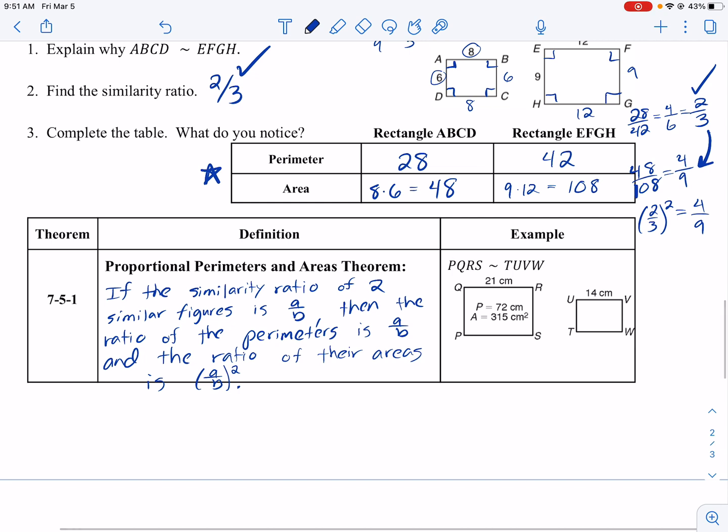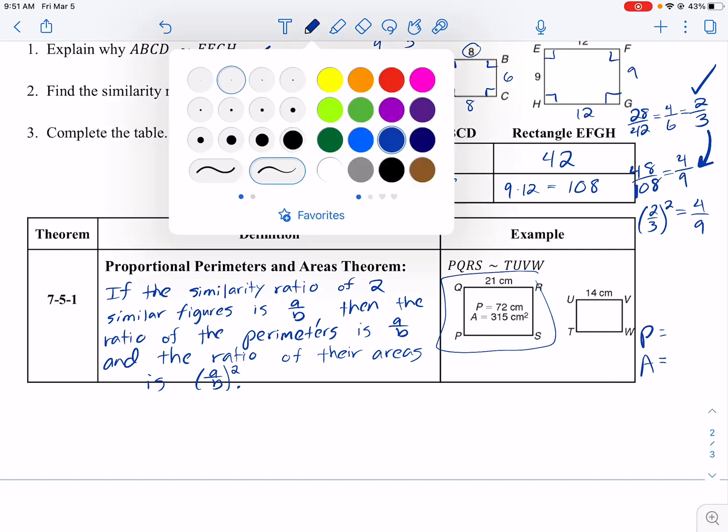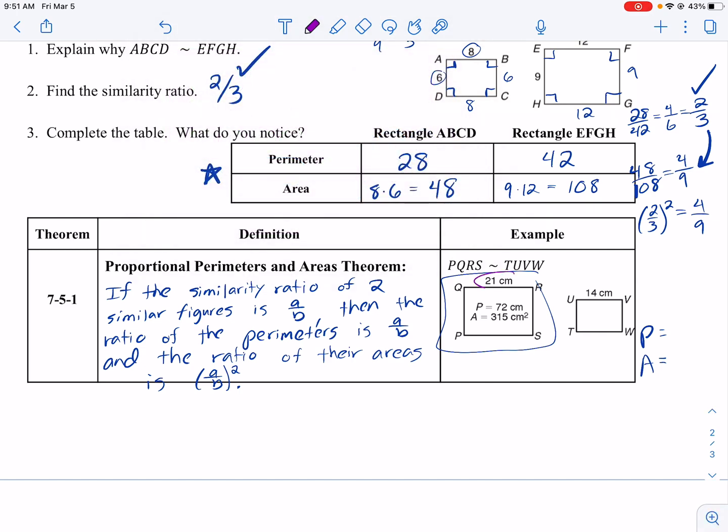And I just want to show you one example here that you can finish with. You know the perimeter and area of this larger rectangle. If we wanted to find the perimeter and area of the smaller rectangle, you just need to know the similarity ratio, right? So the similarity ratio here is 3 to 2, kind of similar like we had up above. Well, that means perimeter, it's also going to be a ratio of 3 to 2.